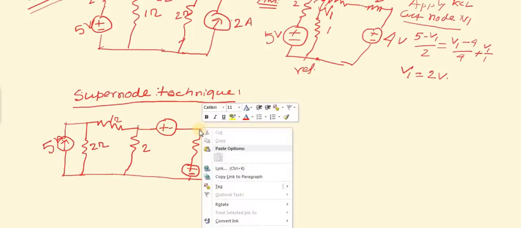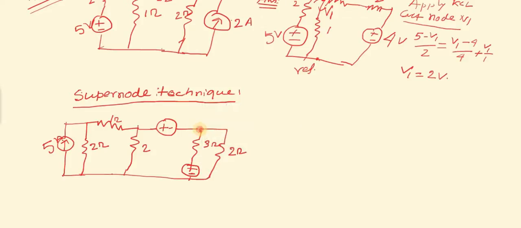Say we need to find the current through this 3 ohm resistance.